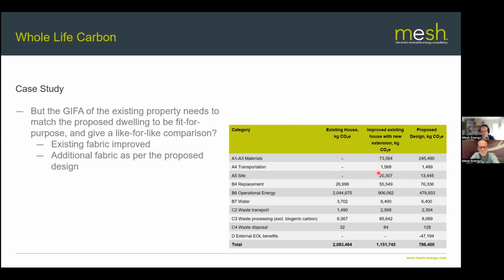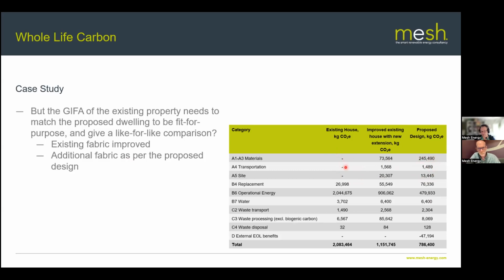So it started to push that figure up slightly. And then we've got the proposed design, which is basically the upfront carbon for the proposed design plus the quantity for the existing house. And that brings us to that figure.